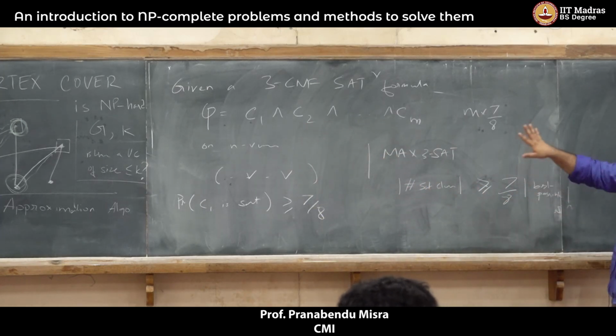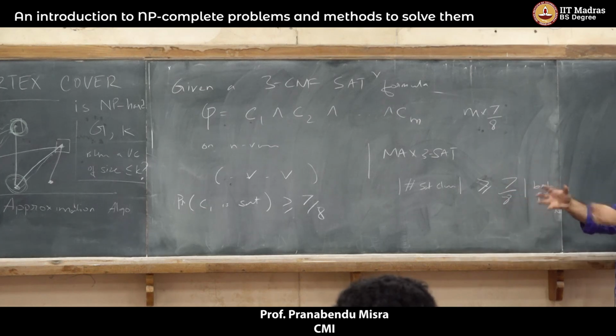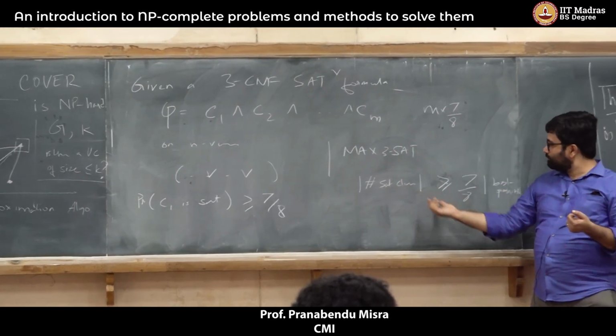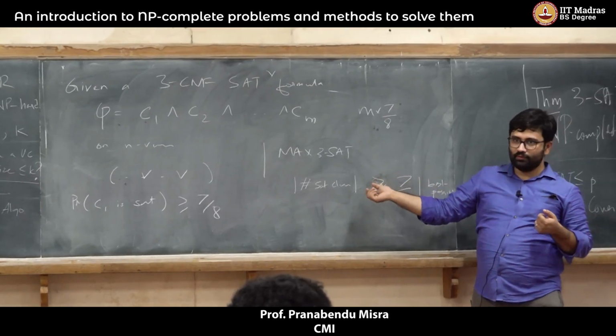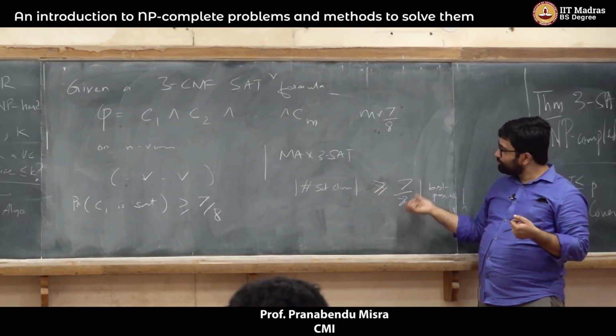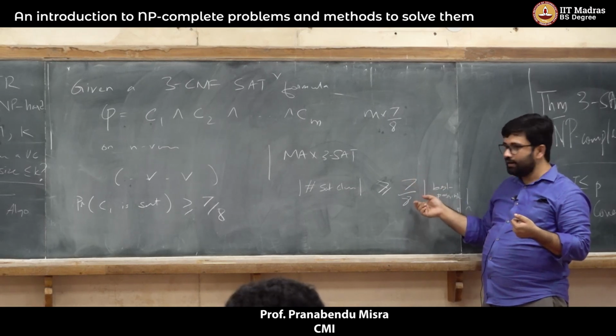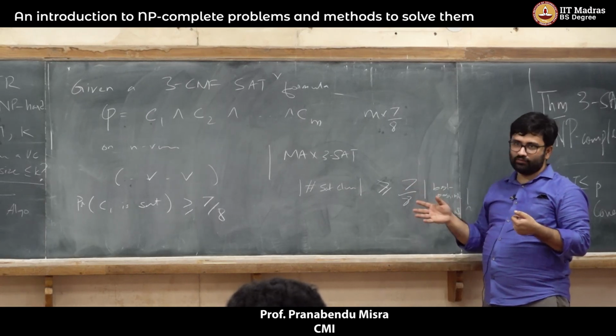Okay, so this is a maximization problem. The best solution is to maybe satisfy all of them or the largest possible fraction of them. What we are guaranteeing is that our solution will satisfy at least 7 by 8 of them. So the approximation factor for a maximization problem, you can either state as 7 by 8 or also call it 8 by 7.